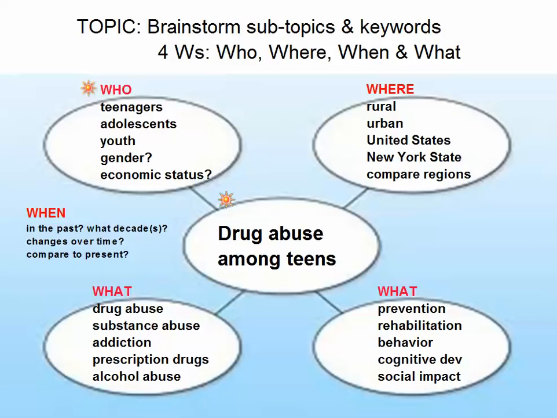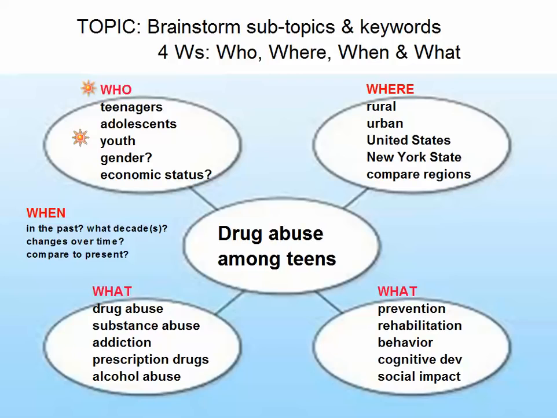So 2 ways to think about this brainstorming process. We want to try and come up with related words and phrases, because as we all know, the English language is a slippery thing. There are often multiple words or phrases that can be used to describe the same concept. So if you think of something like a teenager, there are other words listed here like adolescent, youth, a specific age range, etc. So synonyms are one way to look at this.